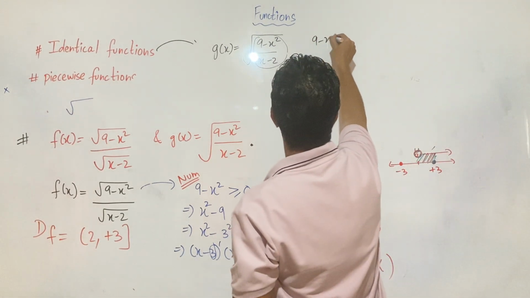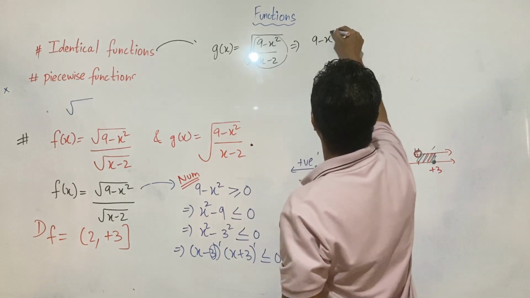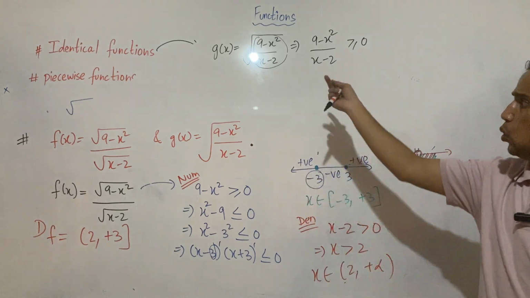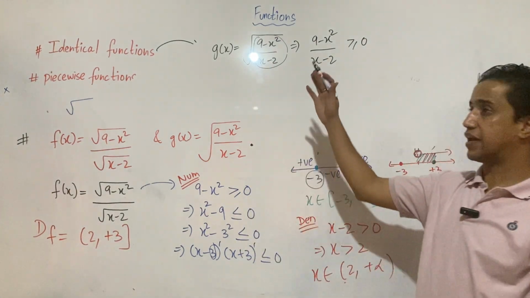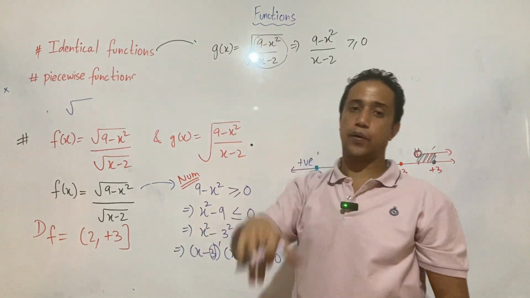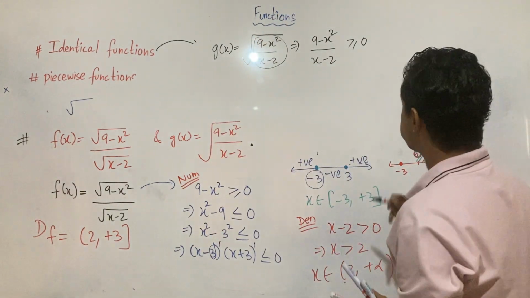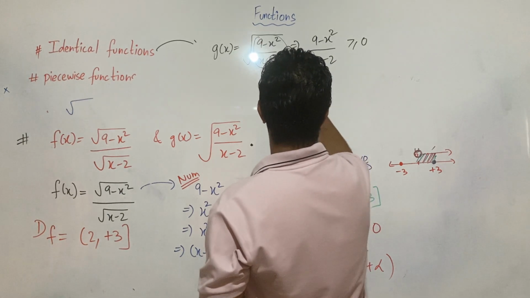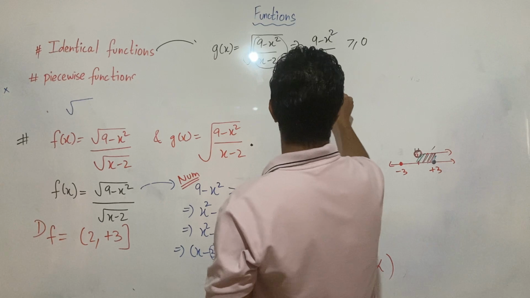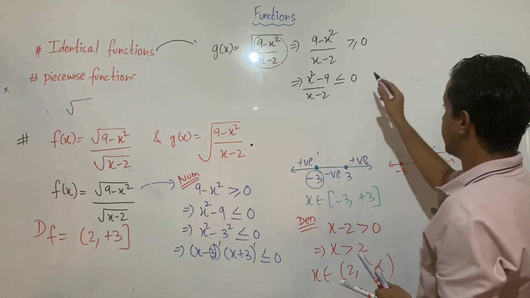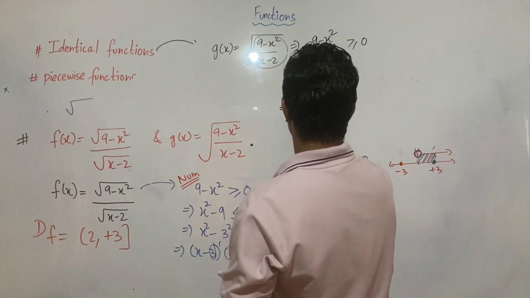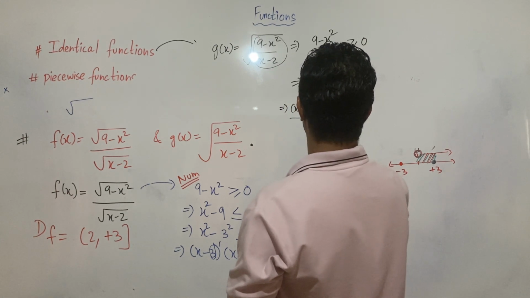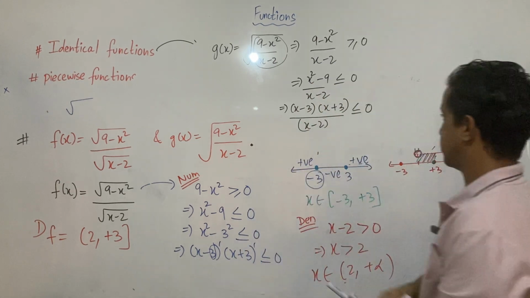So (9 minus x square) by (x minus 2) must be greater than or equal to 0. Only then this root function is defined. Otherwise, we will jump into another universe of complex numbers, right? So from here, I can say (x square minus 9) by (x minus 2) is less than or equal to 0. So from here, (x minus 3)(x plus 3) over (x minus 2) is less than or equal to 0.